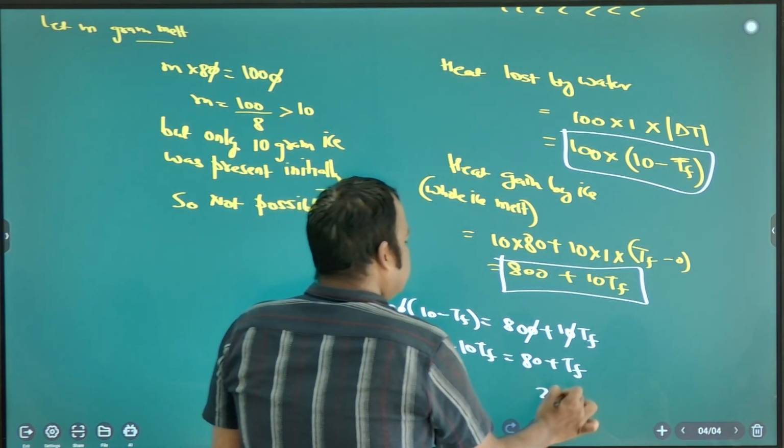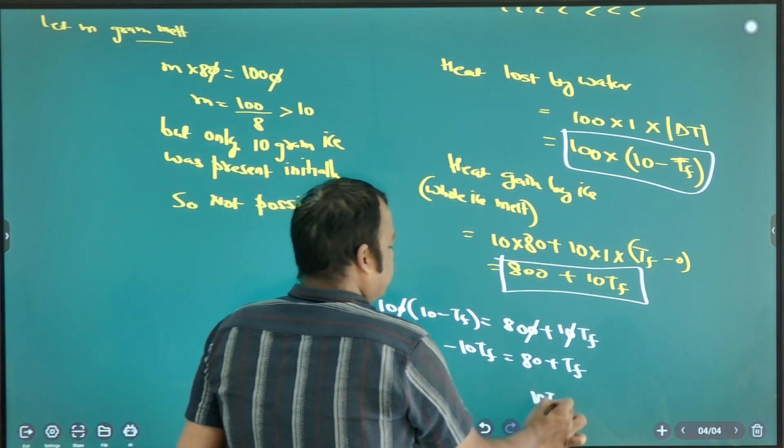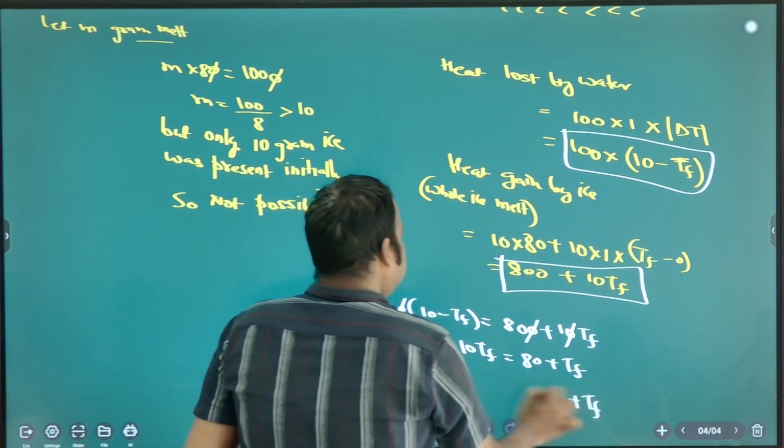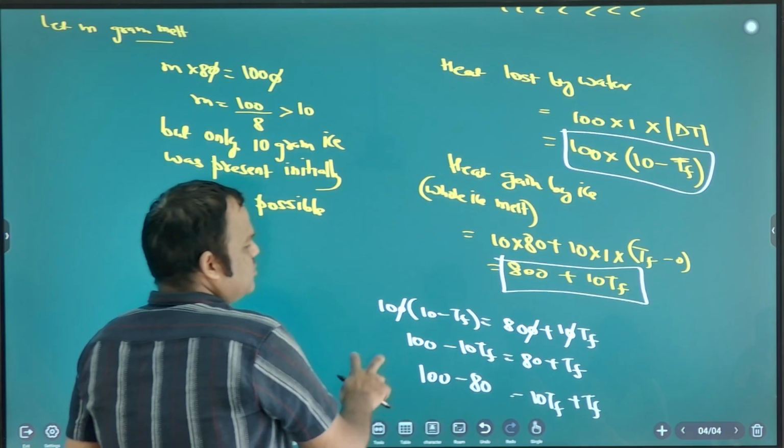Take minus 10 TF to the right side, so 11, and 80 to the left side, so 20. Carefully, slowly you solve.